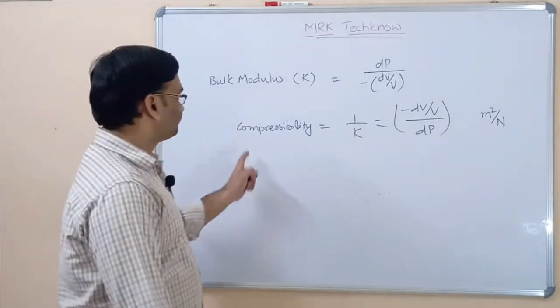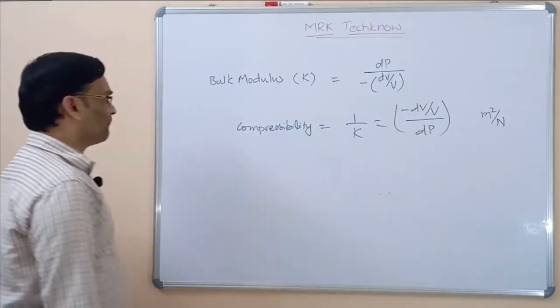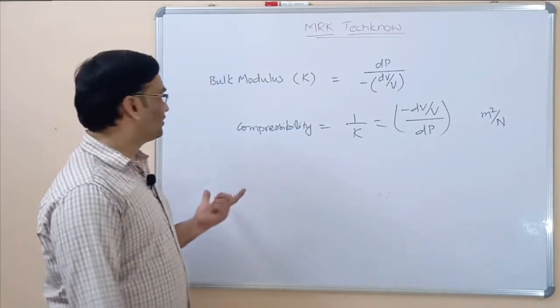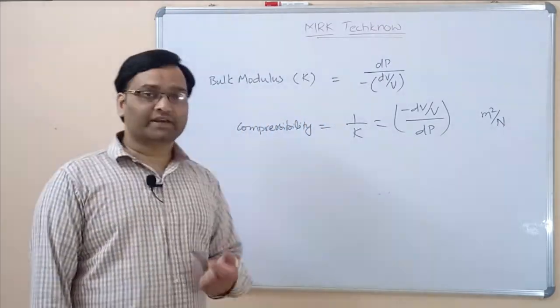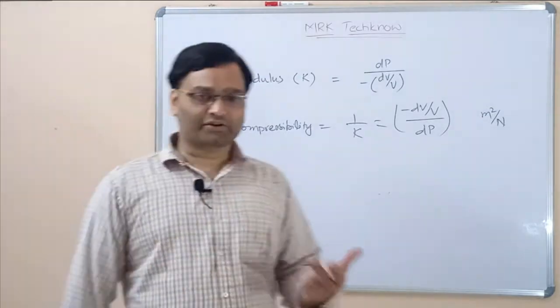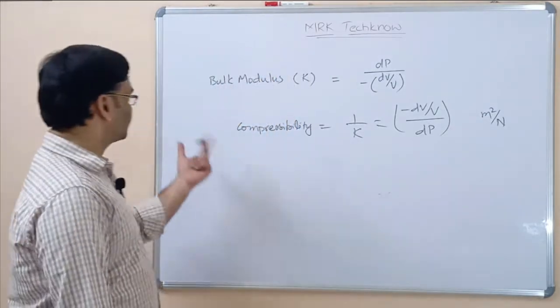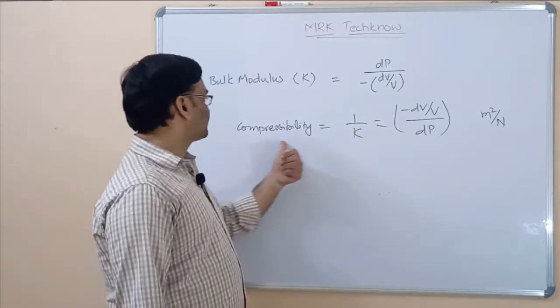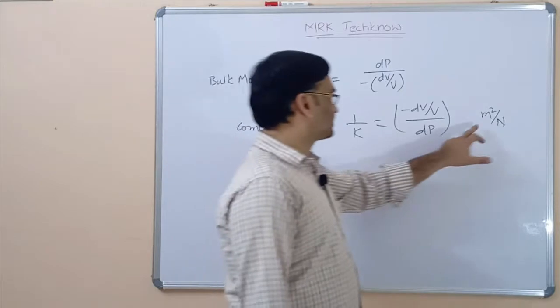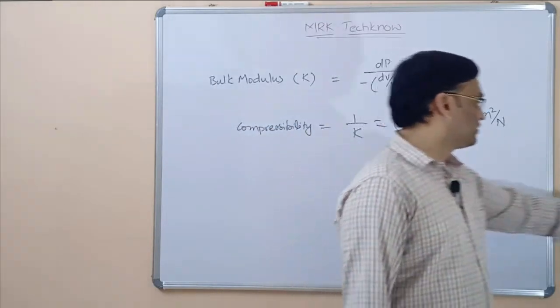And here compressibility is a very important factor, which we use in our upcoming video lectures for defining various kinds of categories of fluids. In the sense aerodynamics related, we are going to discuss based on many factors based on compressibility. So this is compressibility, whose unit is meter square per Newton.